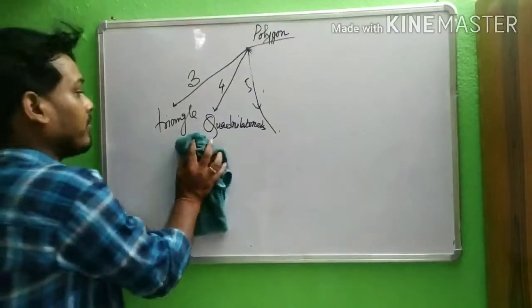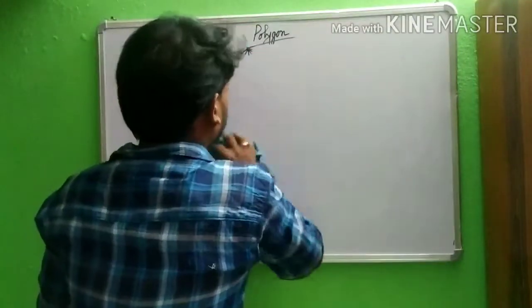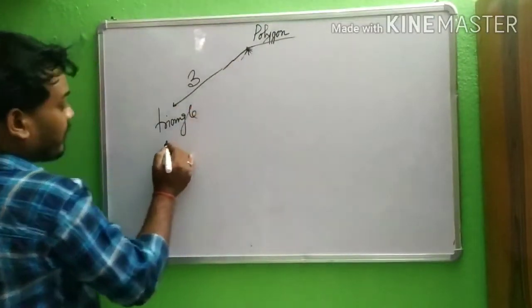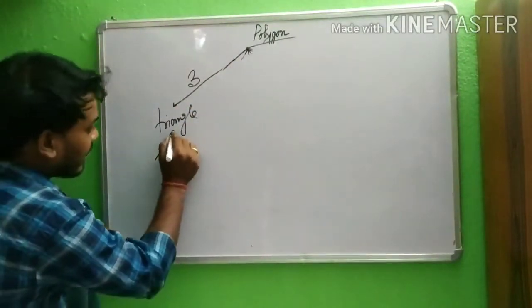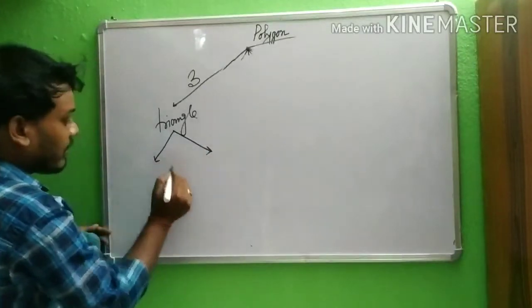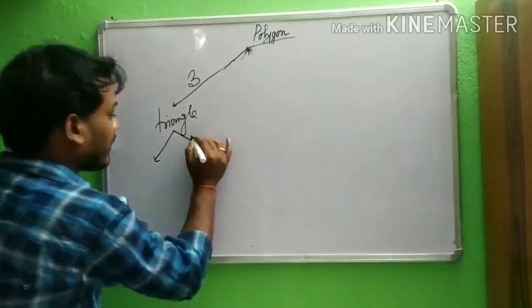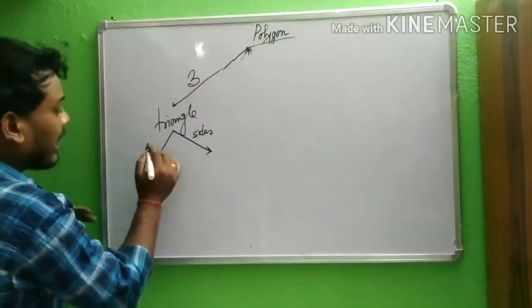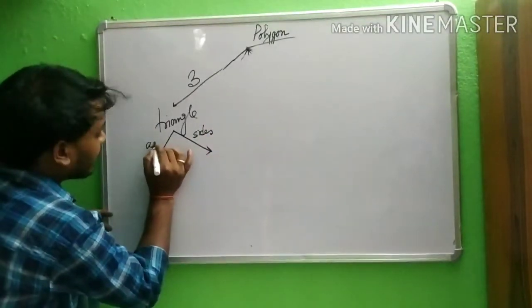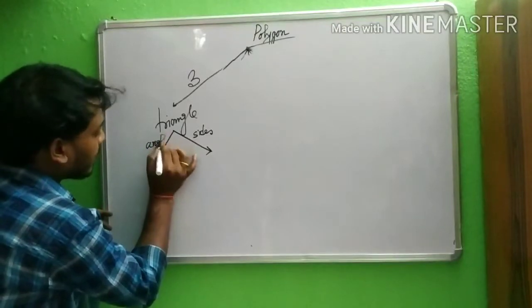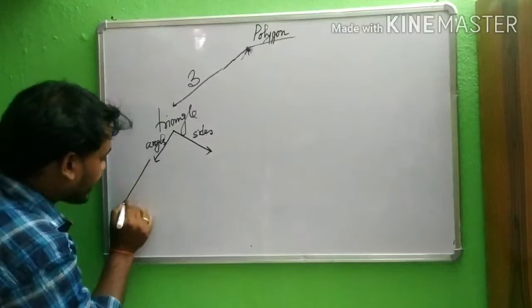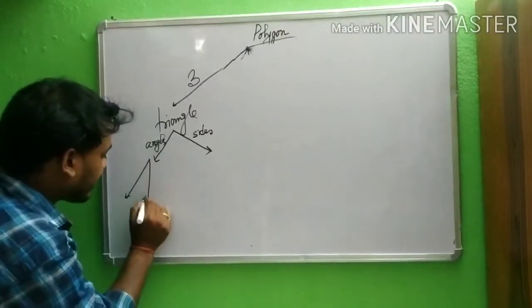So we classify the triangles in two ways. First way, according to sides. Second way, according to angles. According to angles, we divide the triangles into three parts.